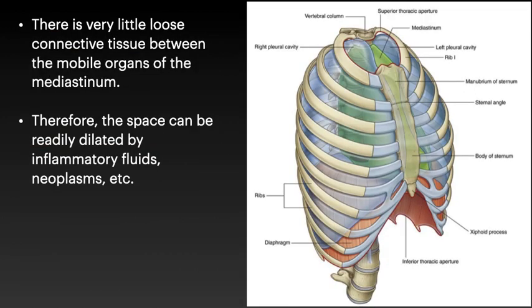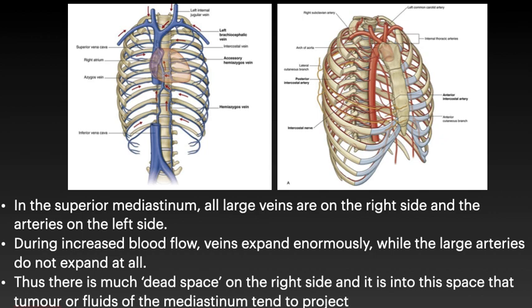Now, there is very little loose connective tissue between the mobile organs of the mediastinum. Therefore, the space can be readily dilated by inflammatory fluids, neoplasms, etc. In the superior mediastinum, all the large veins are on the right side, as you can see, and the arteries are on the left side.